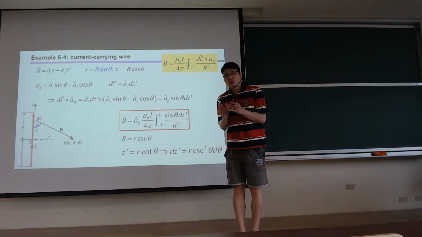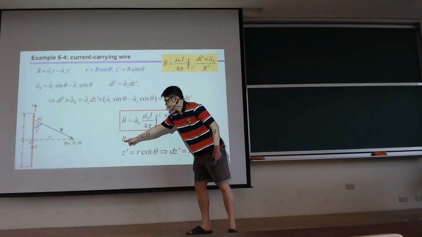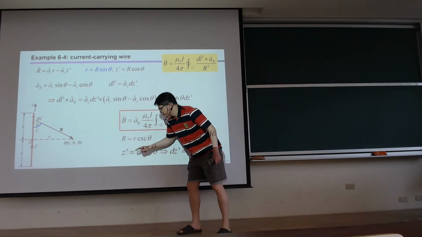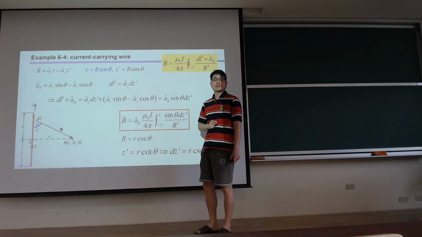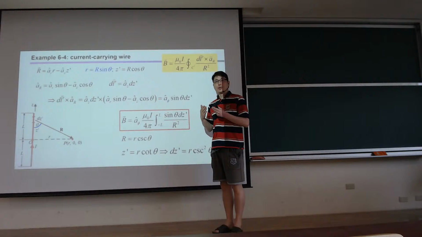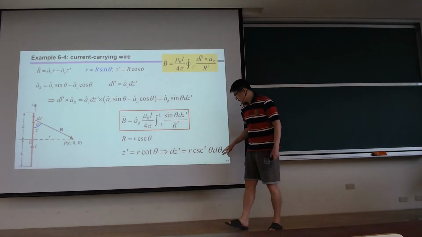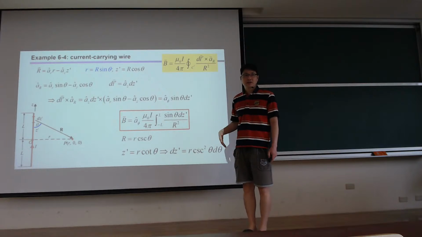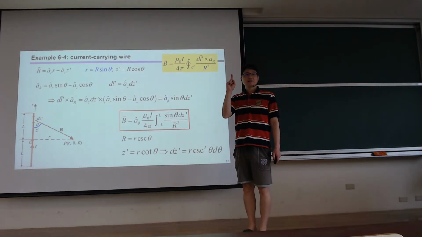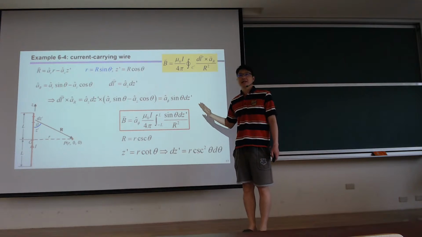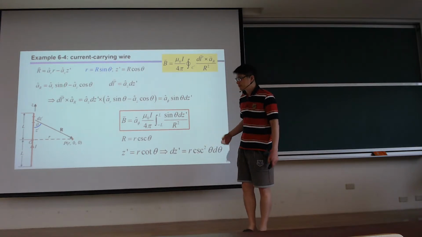So now we find a way to convert the distance magnitude using theta, and also Z prime using theta. And from this equation, we can find the relation between dz prime and d theta. So we can convert everything using one symbol, theta. So theta is now becoming our variable. Okay.